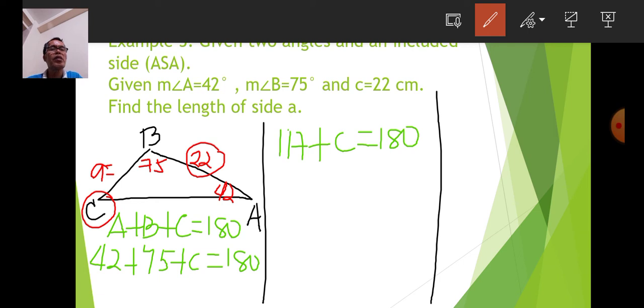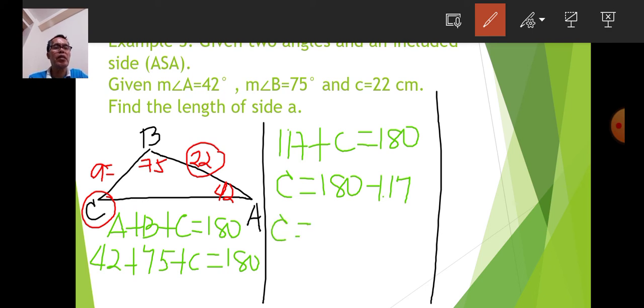Solving for C, C is equal to 180, transpose 117 to the other side, it becomes negative 117. Therefore, C now is equal to 63 degrees. So this is now 63.